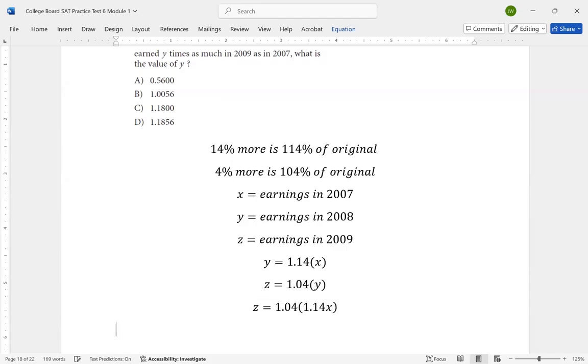So Y gets replaced with 1.14, and that's what I need to multiply. 1.04 times 1.14 becomes 1.1856x.